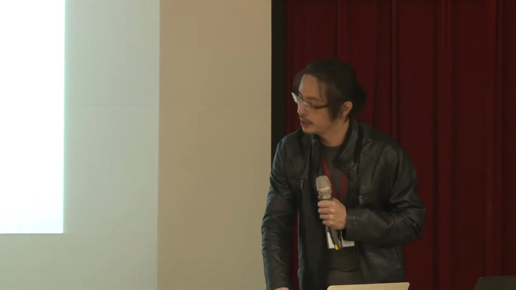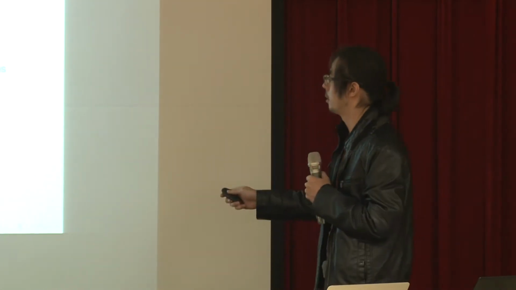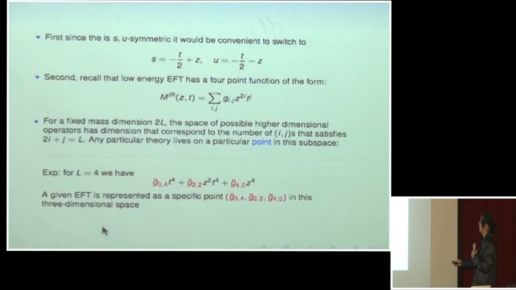In that case, the natural parameters I'll use, instead of S and U, I'm going to replace S and U with this particular representation. So I have the Z polynomial. So I'm considering my low energy effective field theory, the 4-point amplitude, as an expansion in terms of T and Z instead.